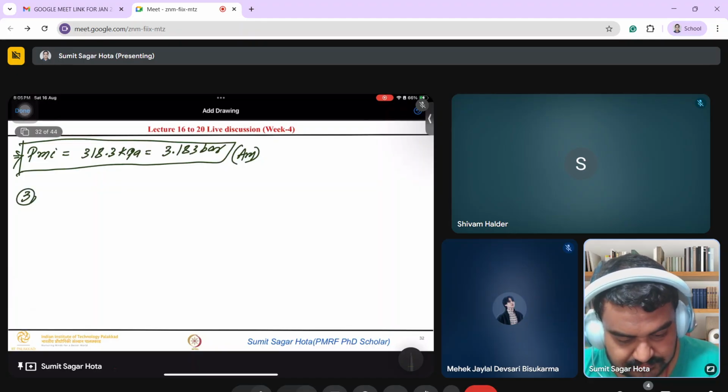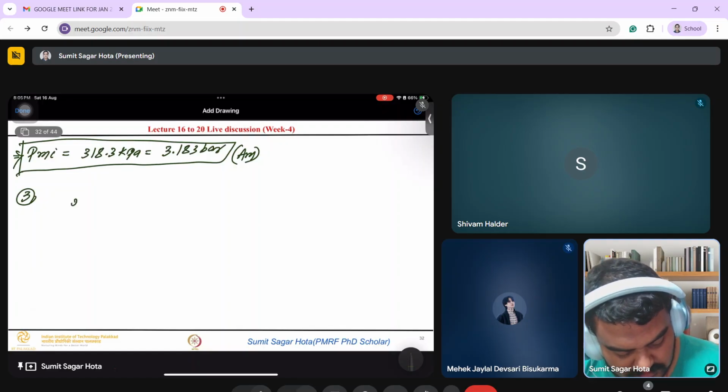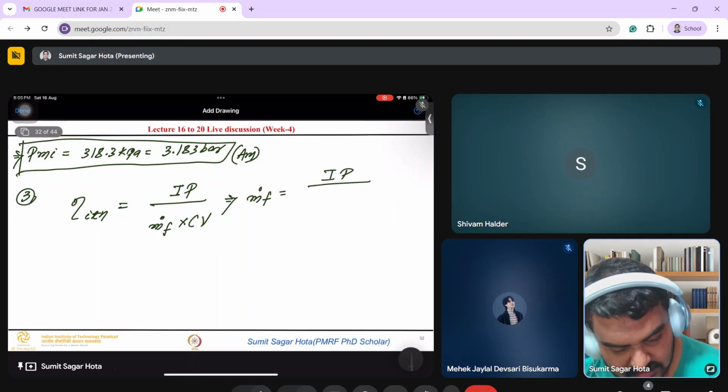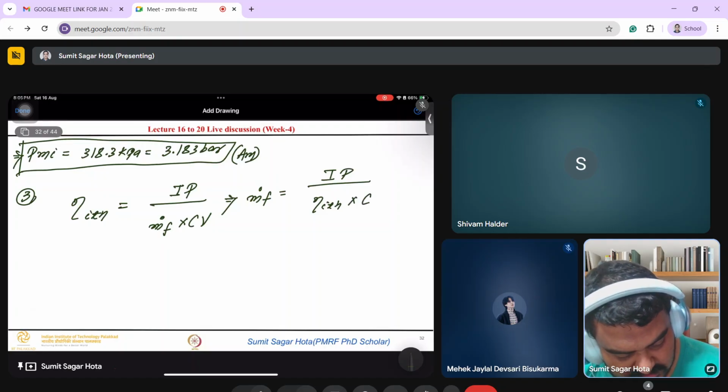Okay, so the last bit is your fuel consumption per hour. It's very simple. If you find the efficiency, thermal efficiency is equal to indicated power divided by mass flow rate into the calorific value of the fuel. So we need m dot f, which is equal to the indicated power divided by thermal efficiency into calorific value.